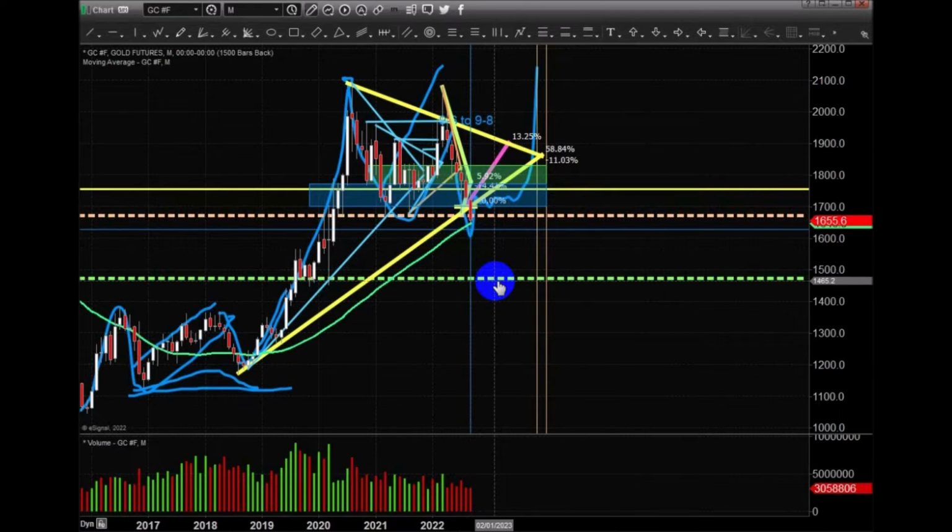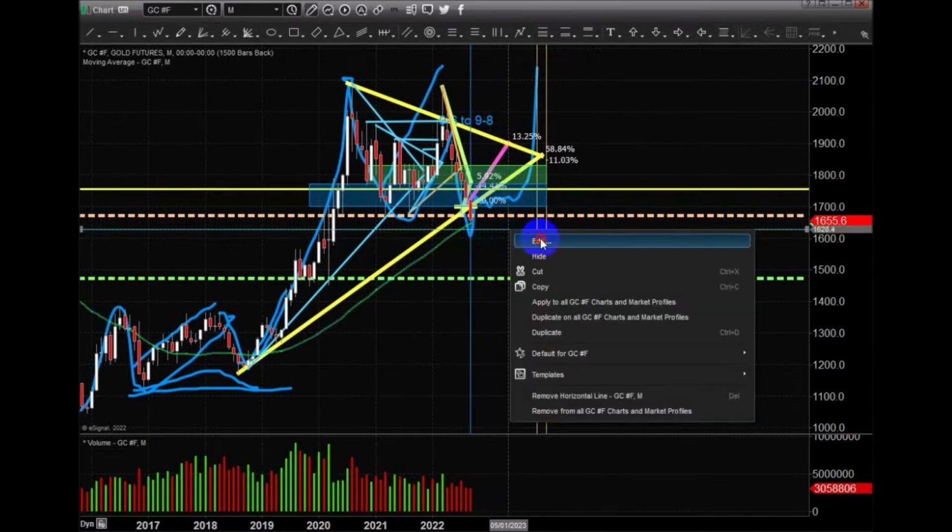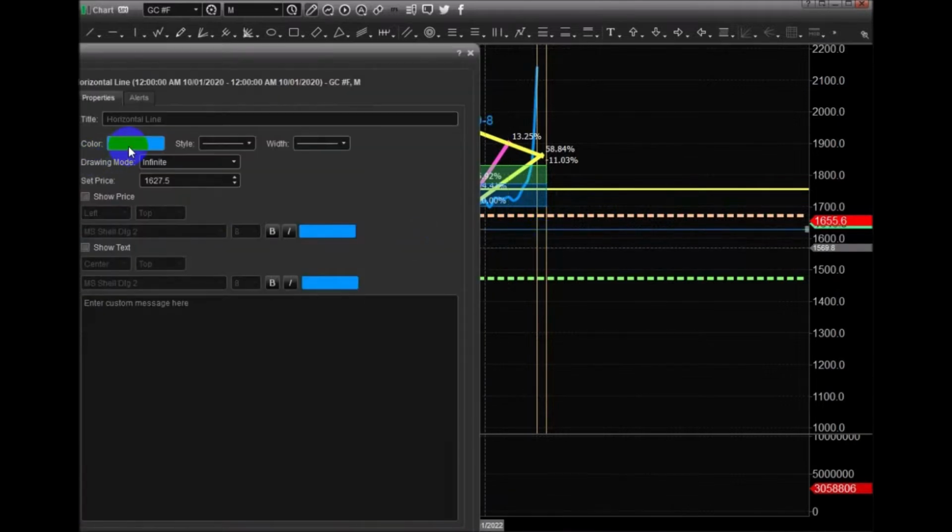I don't see confirmation. We only have about 4 more days trading in September. We need to see what gold and silver do at this point and whether or not this level holds. So a deep, deep low, as I've highlighted right here, I'll edit this one so you guys can pay attention.